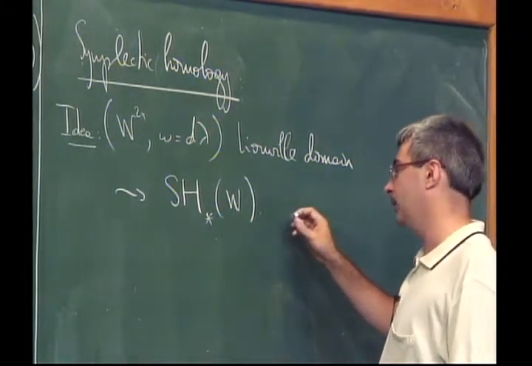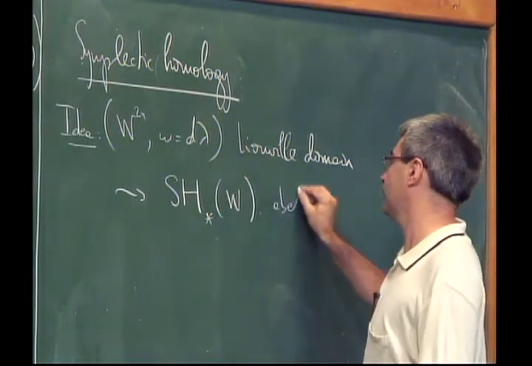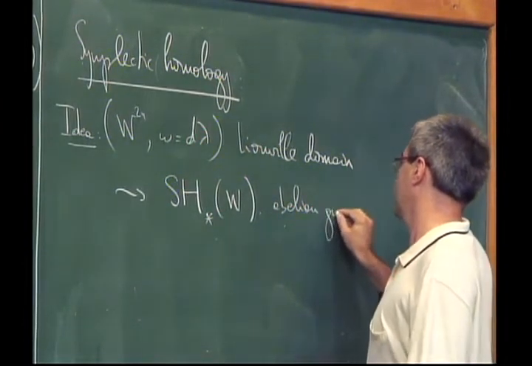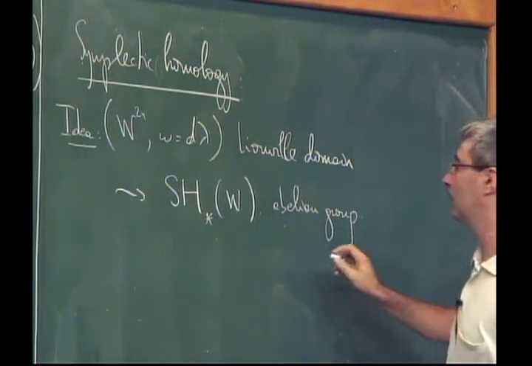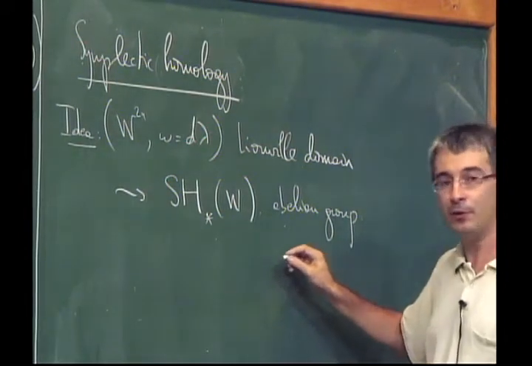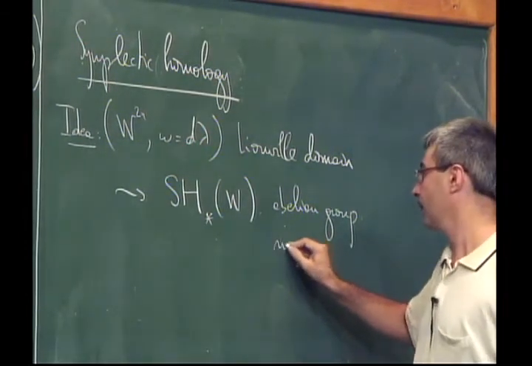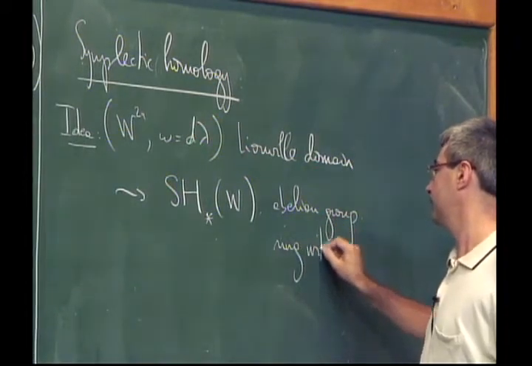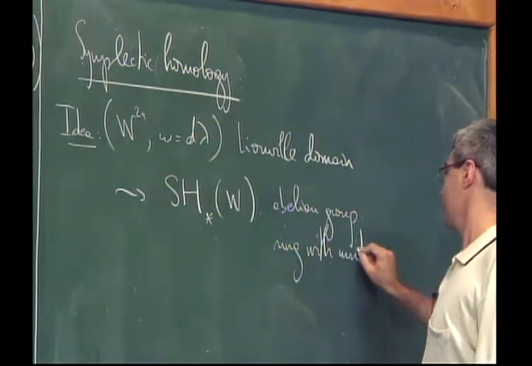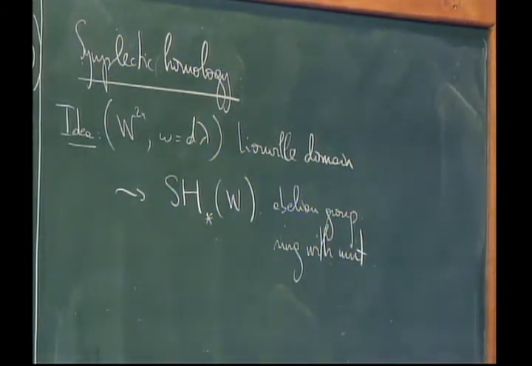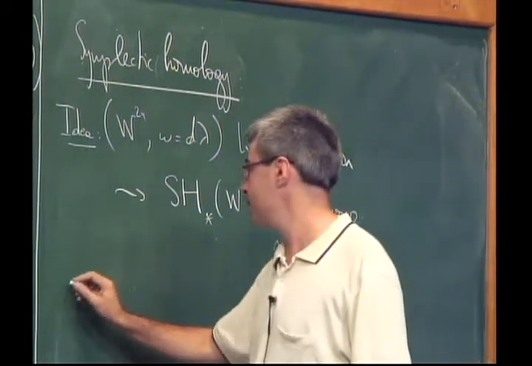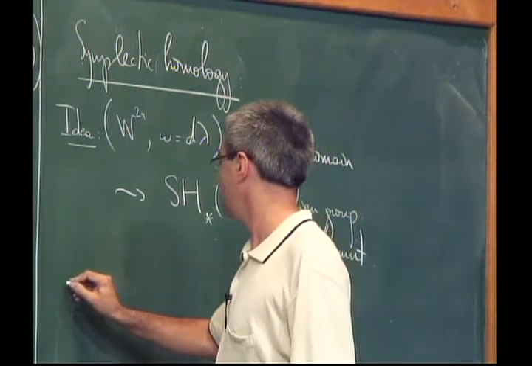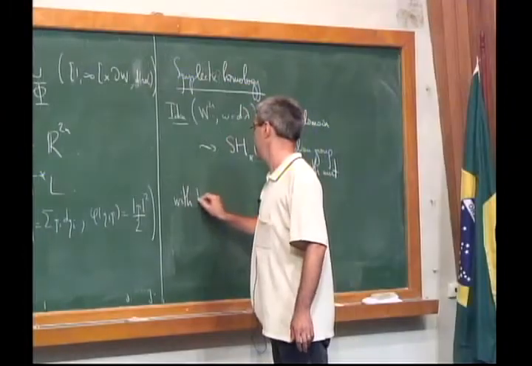This is going to be an abelian group, and actually more, it's going to be a ring with unit. With the following properties.